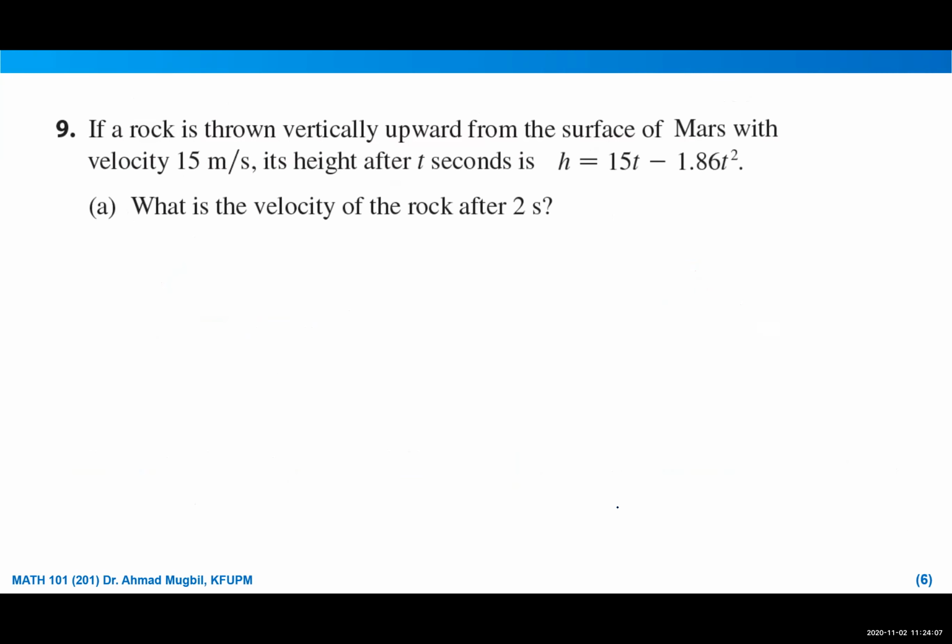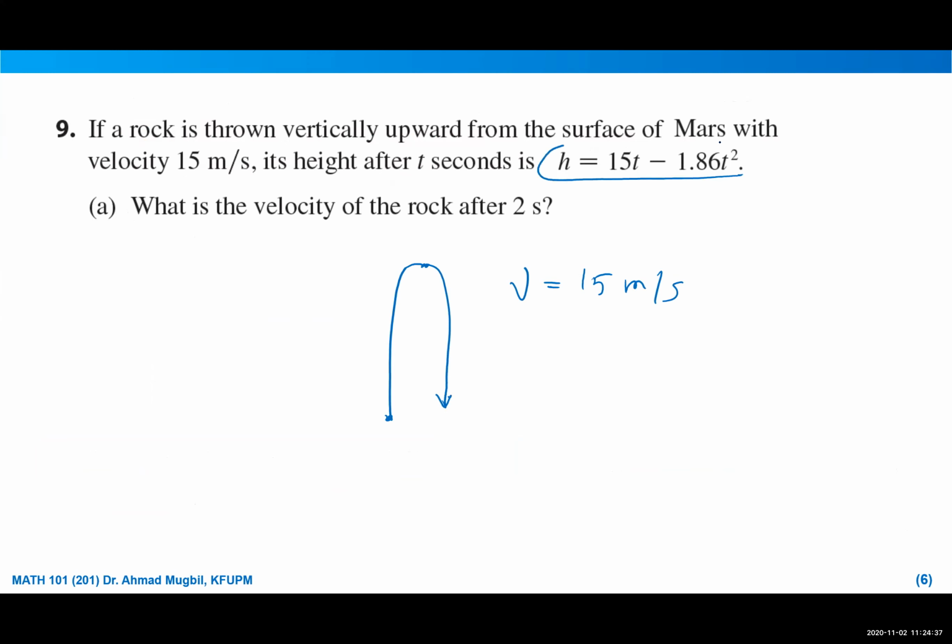The last exercise, guys, is very easy. It is about a rock that is thrown vertically upward. When you throw a rock vertically like this, at some time its height will be 0 and it will come back down. So from the surface of Mars, the velocity is given as 15 meters per second, and its height after t seconds is given this way.